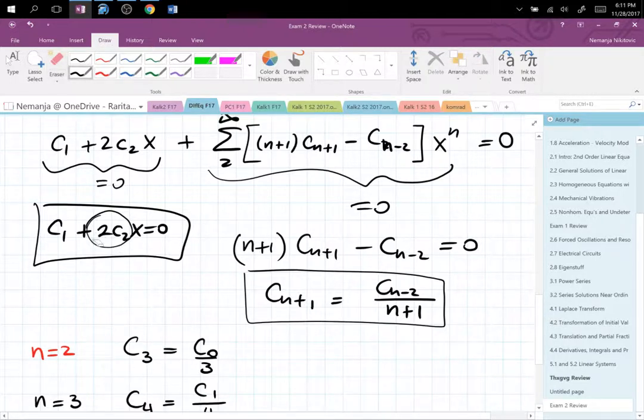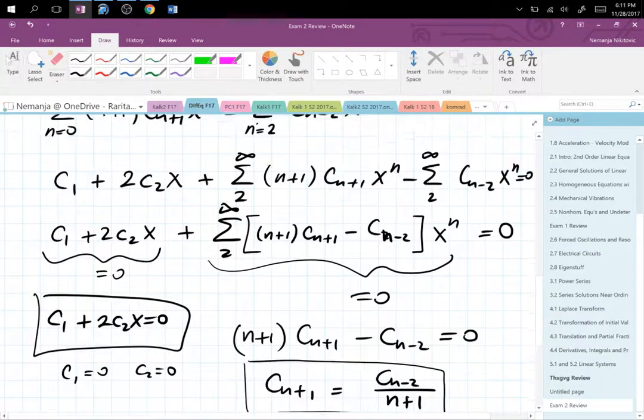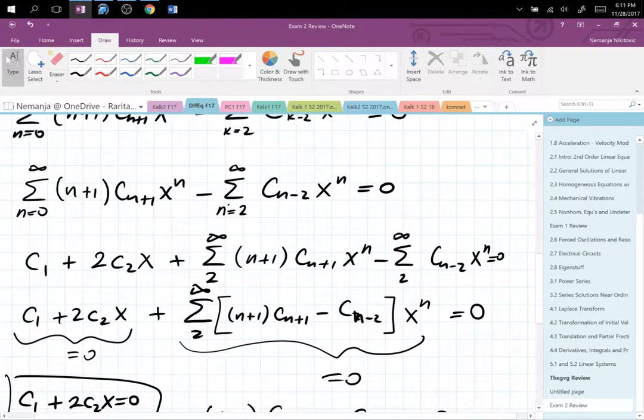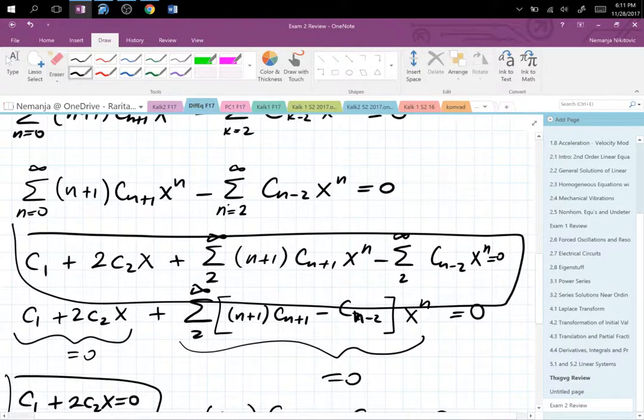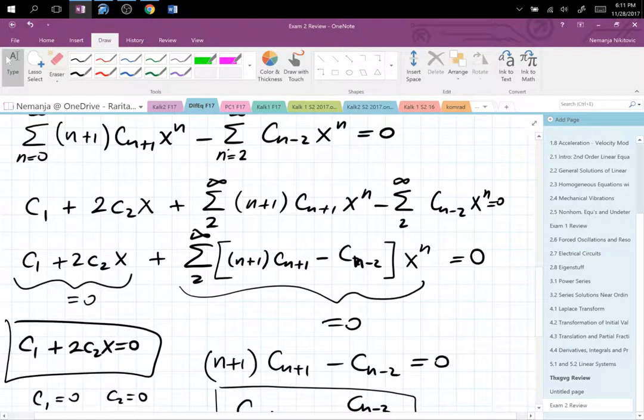So we are getting here that C1 is equal to 0 and C2 is equal to 0 because of the requirement that this whole sum has to be 0. One more time, the sum has to be equal to 0 because we are equaling it to 0 here. So this part has to be 0 and the other part has to be 0.